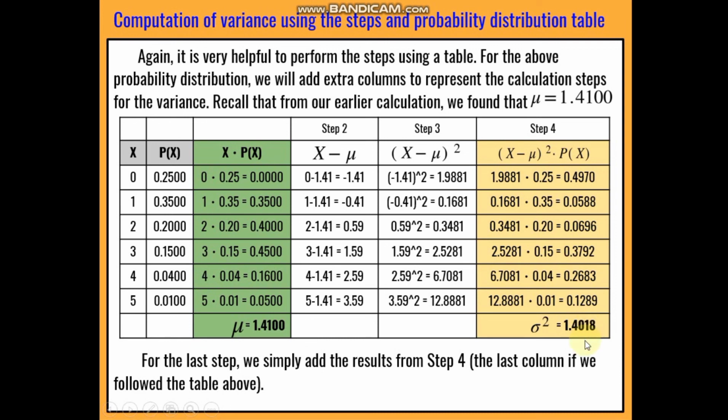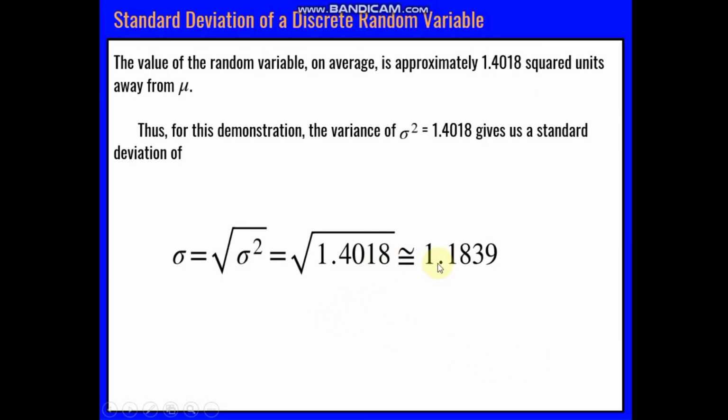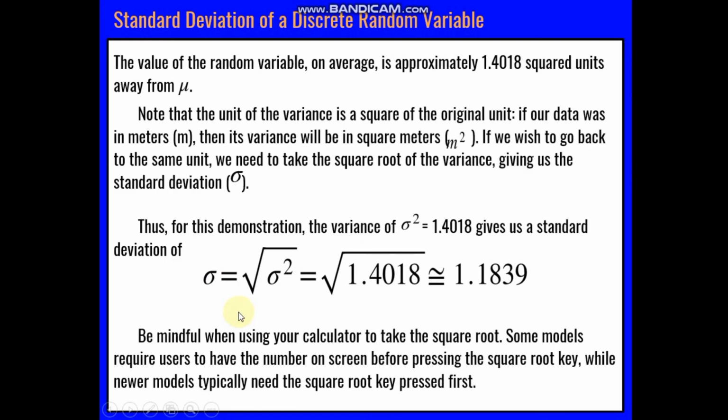Just punch your calculator and it will give you a value that is approximately 1.1839. And that's actually your standard deviation. Take note, yung symbol ng standard deviation, wala na yung square dito. So, that's the computation for the standard deviation and variance of a discrete probability distribution using method 1.